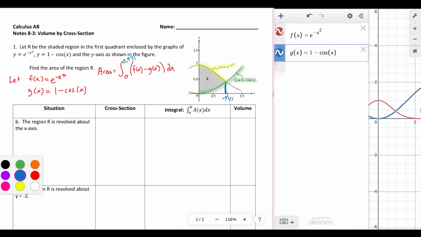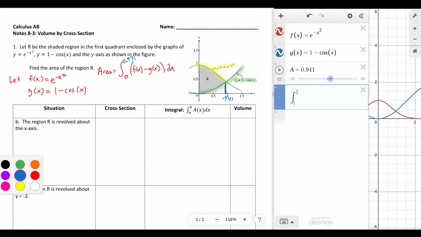So to find that area, we're just going to type that into Desmos over here. And I think I might just call that A. So let's just say A is that 0.941, and that way I don't have to type that long decimal over and over again. Just naming that constant there.